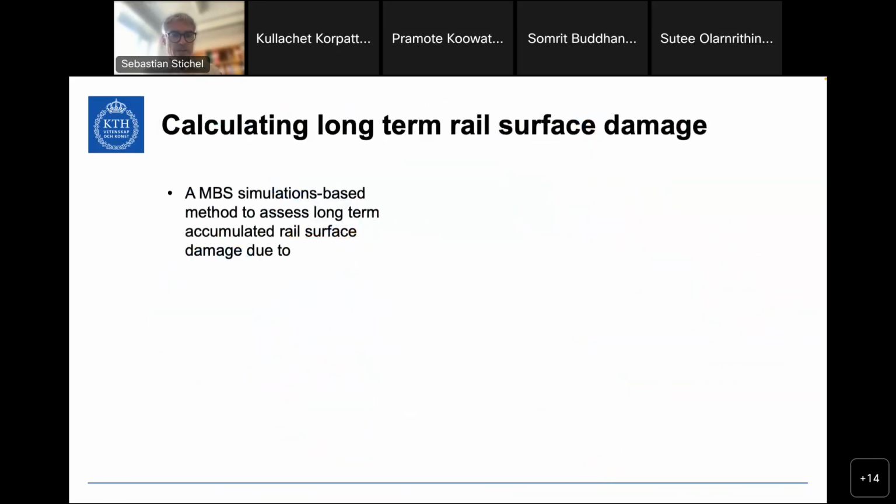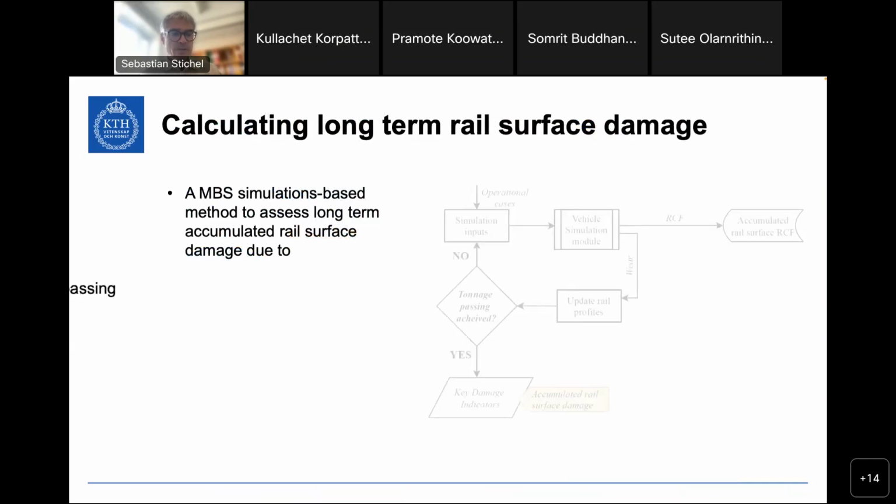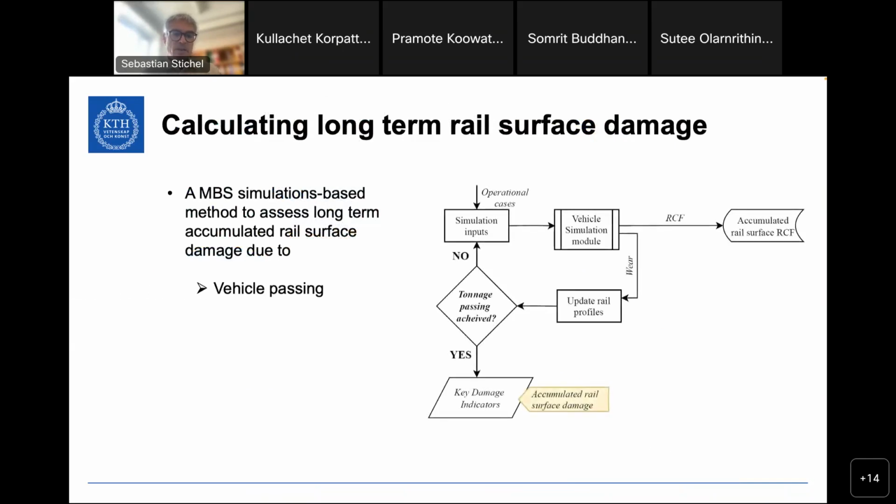And then you can build up your simulation tool to assess long-term accumulated rail surface damage. And firstly, we do this due to the vehicle passing. We choose a rail cross-section, and then we need to know what type of vehicles are running on that cross-section, how often, what is the proportion of different types of vehicles, locomotives, wagons, and so on.